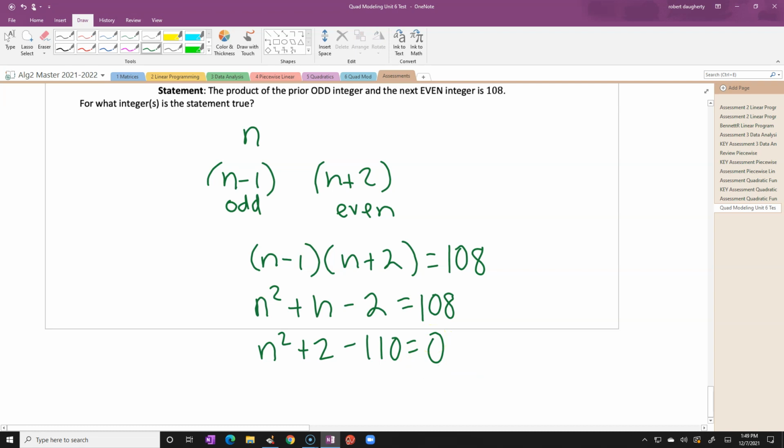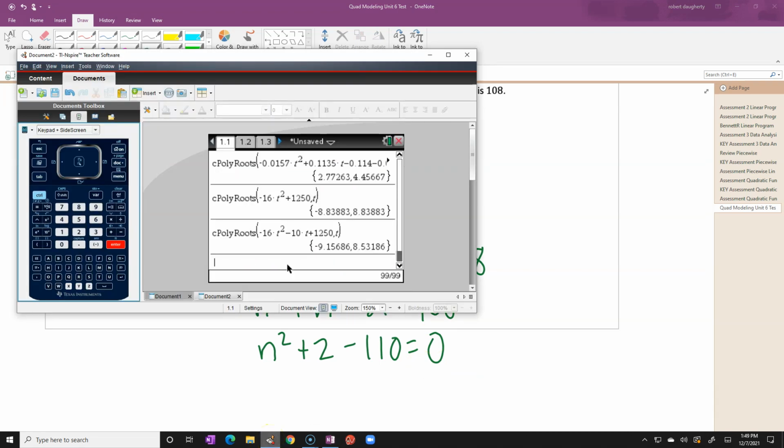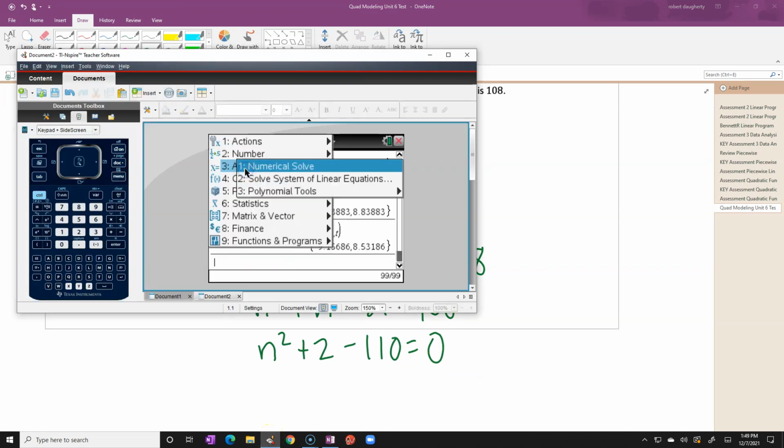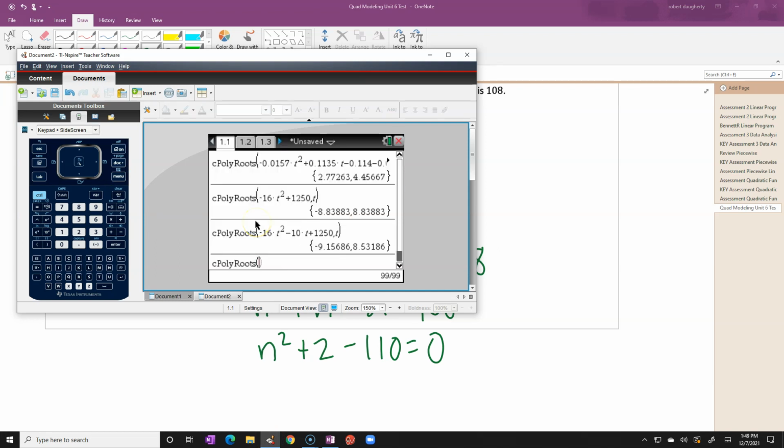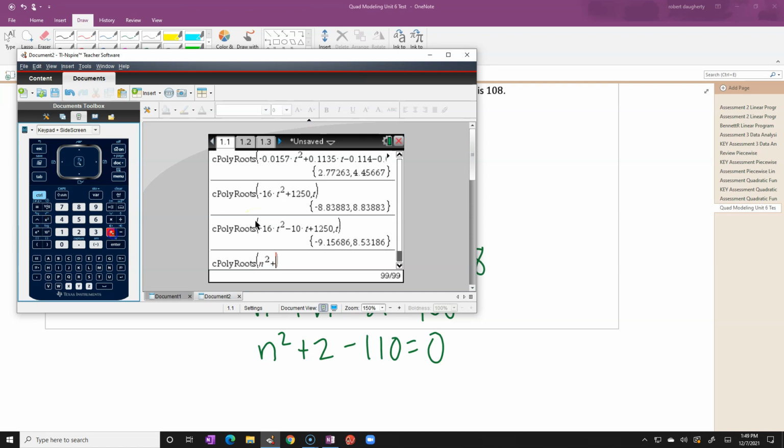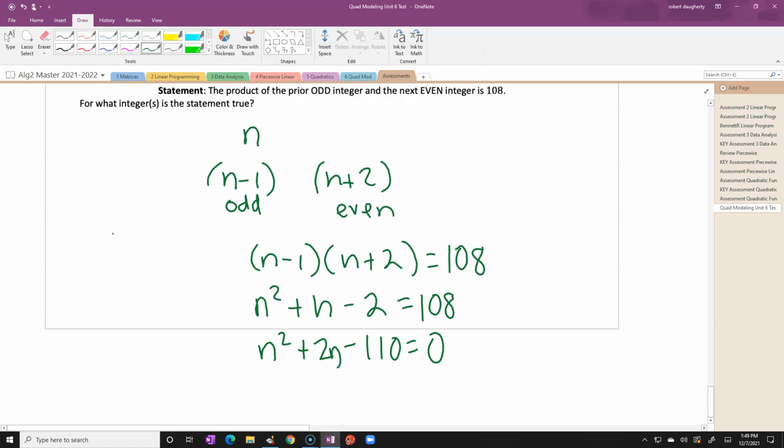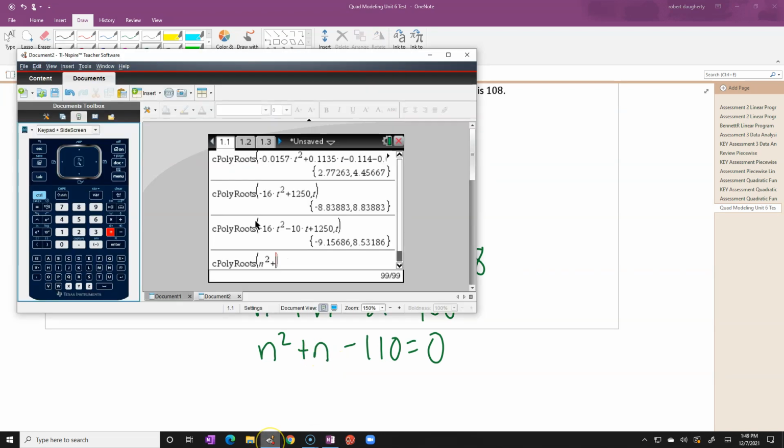Now you could factor this, but hey, you've got a calculator. So menu, algebra, complex roots, n squared plus n minus 110, comma, n.